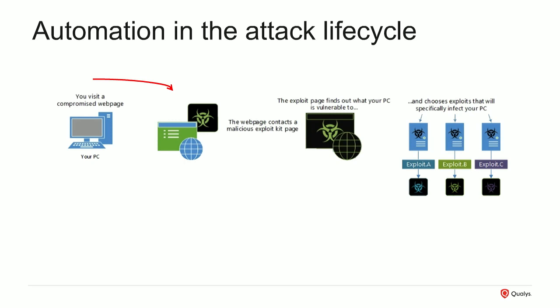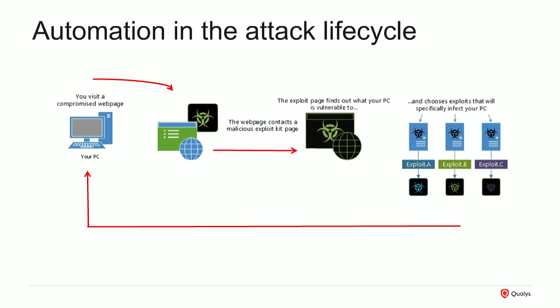The web server is compromised at some point in time. So they first compromise the web server, and the web server first tries to understand what is your vulnerability posture, what kind of operating system you have, what kind of browser you have, and what are the vulnerabilities that this operating system or browser have.